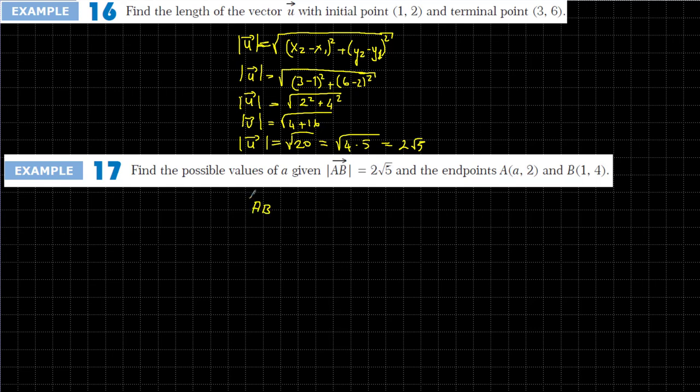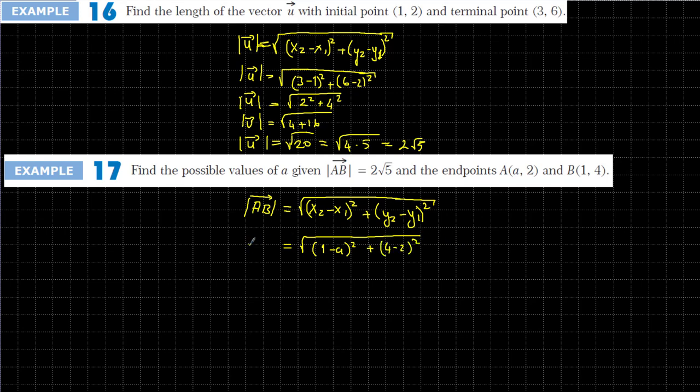The length of AB has to be equal to, by using the same formula, the square root of (x2 minus x1) squared plus (y2 minus y1) squared. Here x2, y2, x1, y1, so the distance is equal to the square root of (1 minus a) squared plus (4 minus 2) squared. And this is 2 root 5.